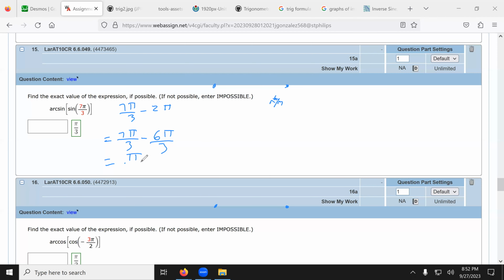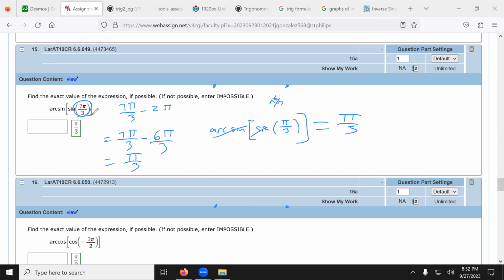Get us to pi thirds. So now I have a better coterminal angle. So these will cancel, leaving me with pi thirds. So I'm going to use this one, not this one.